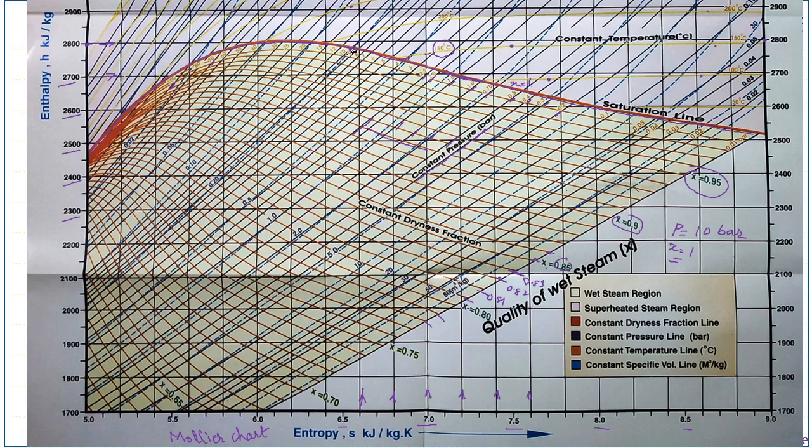At this point, corresponding to this point, if we draw a horizontal line, somewhere here we will get the enthalpy H value, which may be 2750, it may be 2780. The enthalpy value will be approximately 2780 at this point. So directly we can find the enthalpy value corresponding to this point, and corresponding to this point we can get the entropy value here.